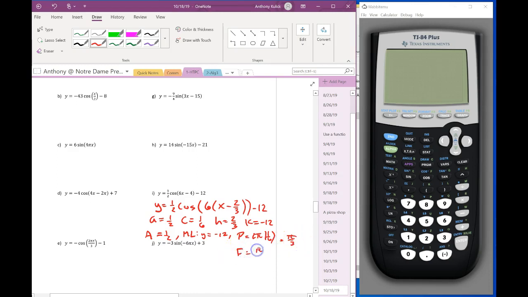And the frequency is the reciprocal of the period, so 3 over pi. The trickiest part was making sure you got that factoring part right in the beginning. So how did we get the 2/3 again? 4 divided by 6, whatever you factored out.